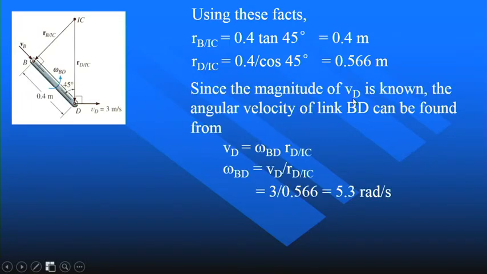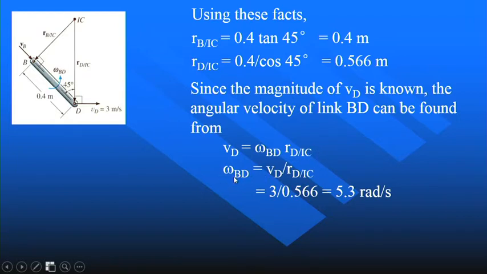Since the magnitude of VD is known, the angular velocity of link BD can be found from this relation: VD equals omega BD times RD relative to IC.